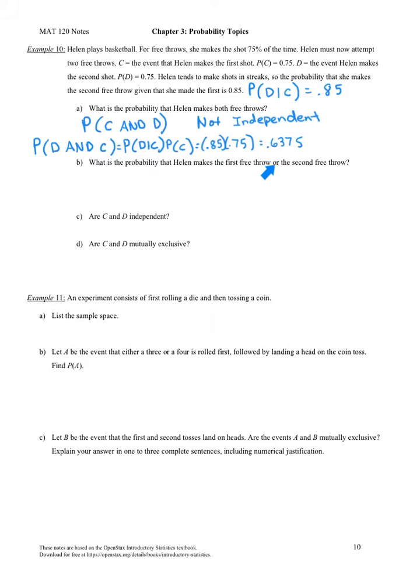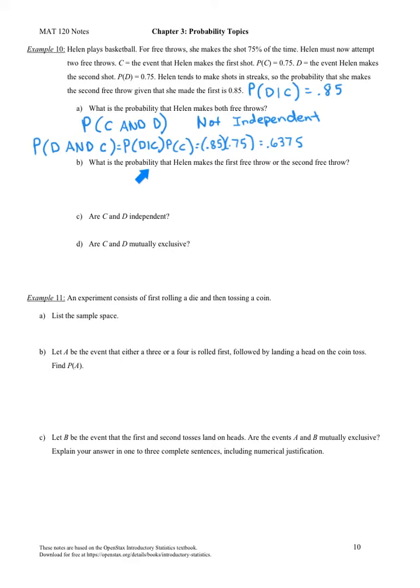So in the addition property, we must ask, are these events mutually exclusive? And since we know that she can make the first shot and the second shot, we show that here, that they can happen, then we know that these events are not mutually exclusive.